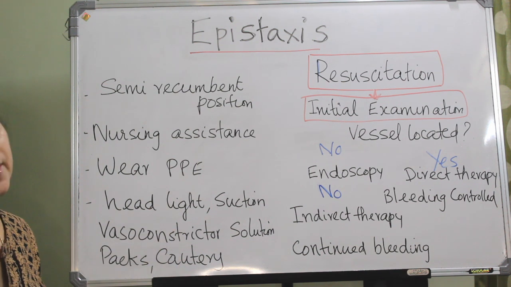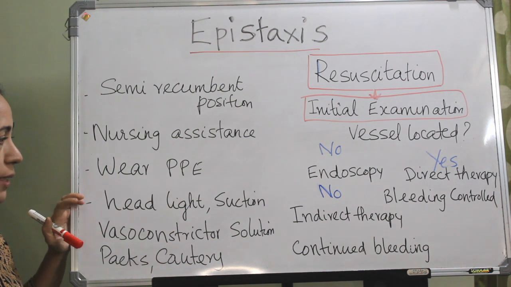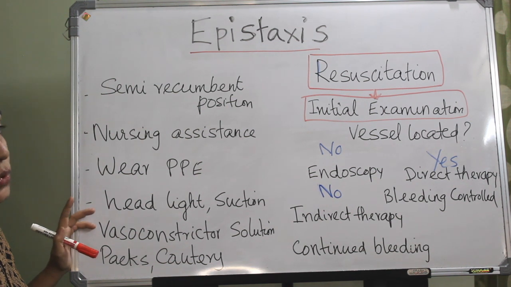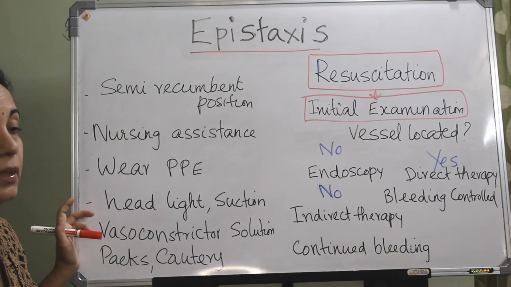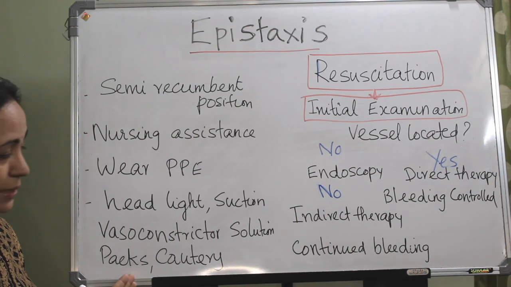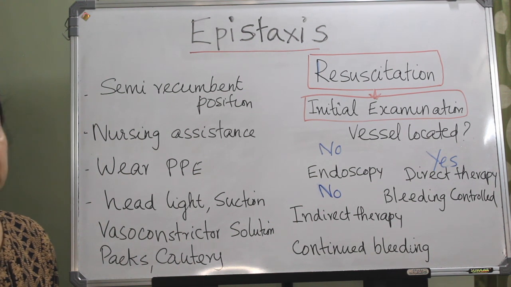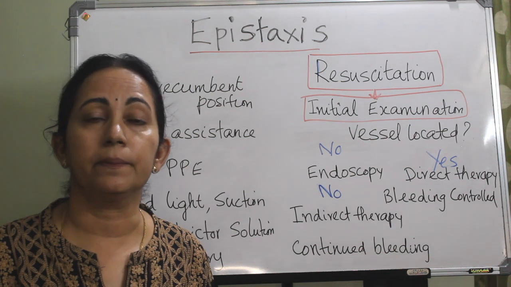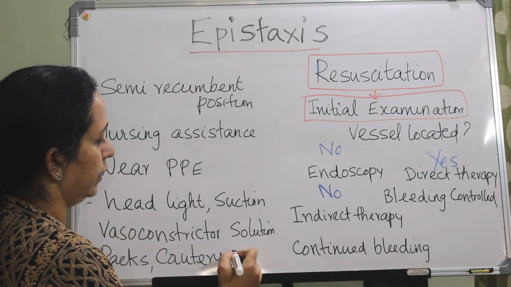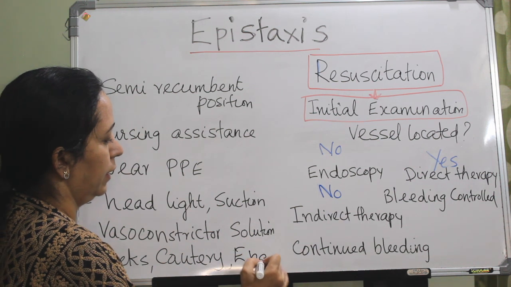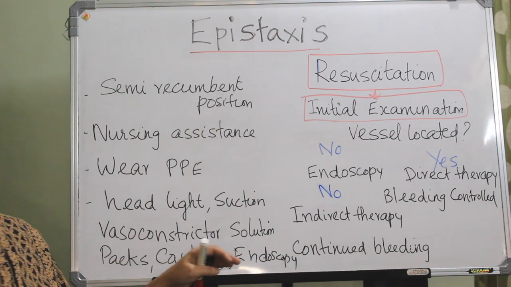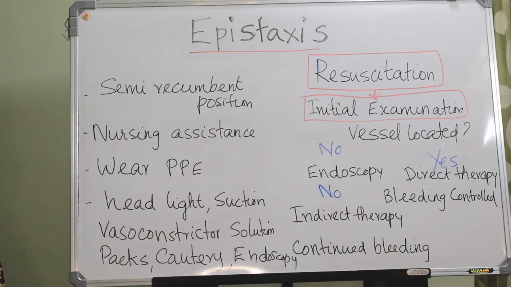The minimum equipment needed are: headlight, then the suction apparatus, it is mandatory, vasoconstrictor solution which includes xylocaine and also adrenaline, then anterior and posterior nasal packs, and cautery machine, and it's better to have a bipolar cautery if available, and also endoscopy. In higher centers always keep an endoscope along with the equipment.